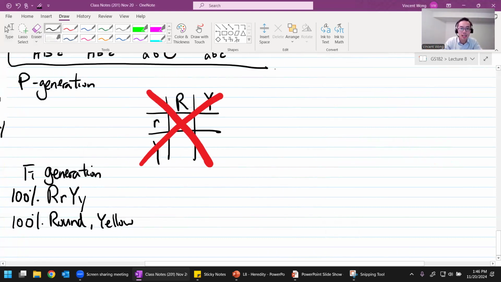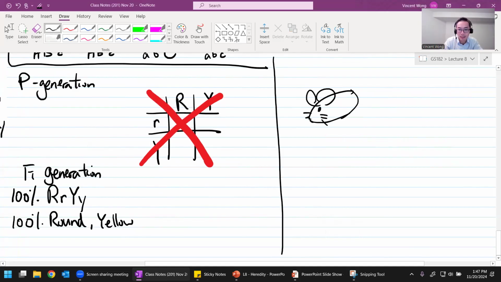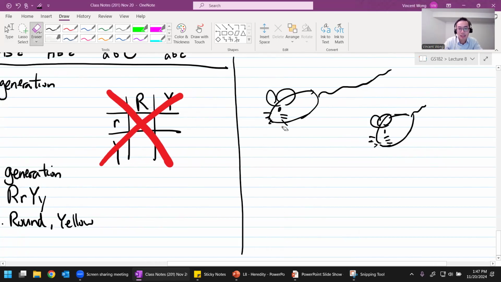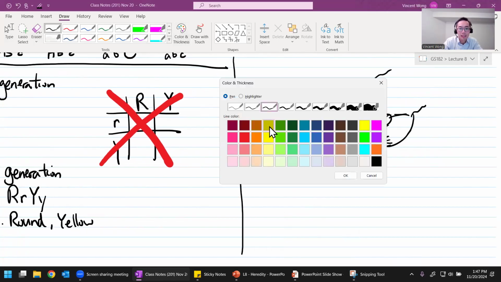I'm gonna go to the side here, and I'm gonna do my mouse thing again. Okay. So here we have the parent mice. This one, let's give it a gray coat again.